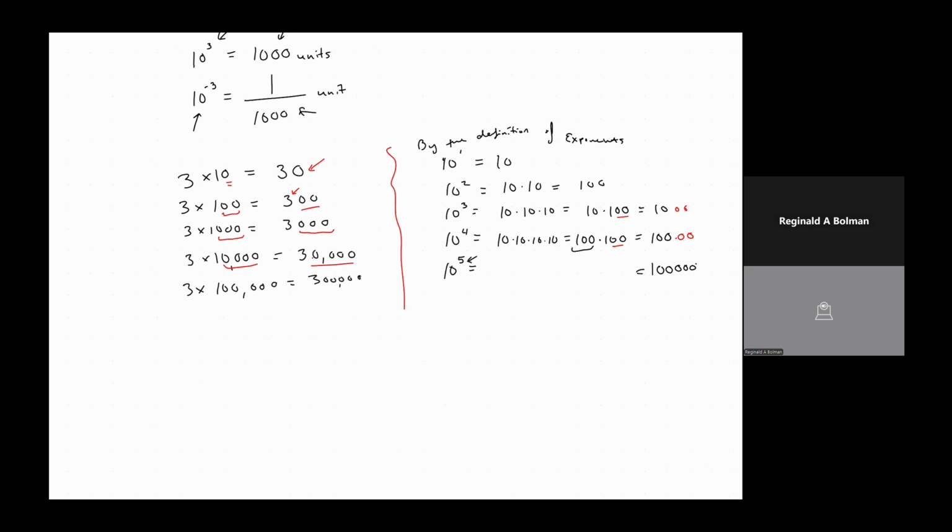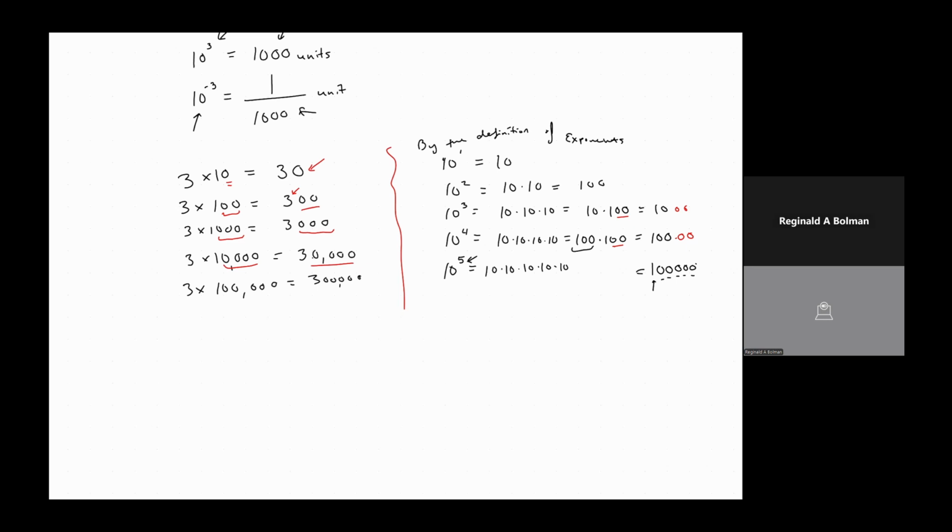So 10 raised to the 5, all I have to do to calculate this is put a 1 down, and then add 5 zeros behind it. That is going to be exactly 10 to the 5. And it just is a feature of what's happening whenever you multiply by sets of 10.